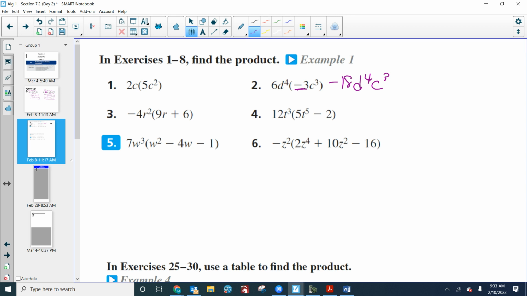Logan? Does it matter which order you put the D to the 4th and the C cubed in? No. I mean, usually it's alphabetical, but it's probably size of the exponent, right? Or is it alphabetical? It doesn't matter. What about a computer? Does it matter for that? I don't know. Typically, the number is always first. Yeah, the variables, though, look up there.